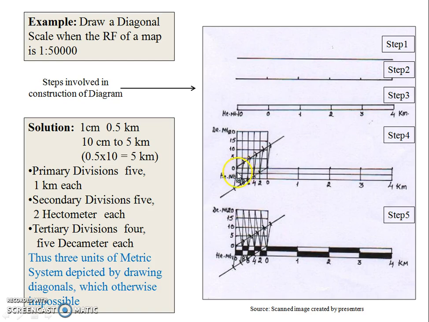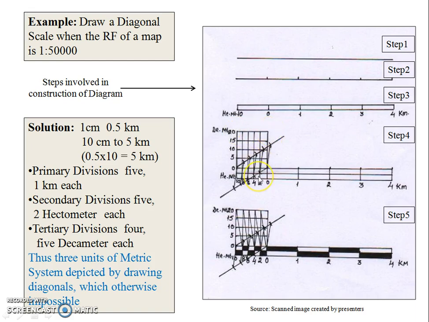Draw secondary divisions and insert ground distances of 2 hectometer each. Then draw perpendicular lines from each part of the secondary divisions. Take any small distance. Mark required 4 points on vertical lines on both the ends of the secondary divisions. Draw horizontal lines parallel to each other as presented in step number 4.